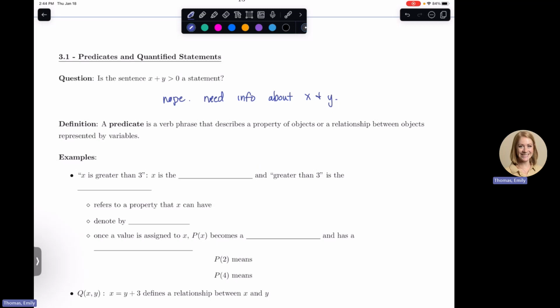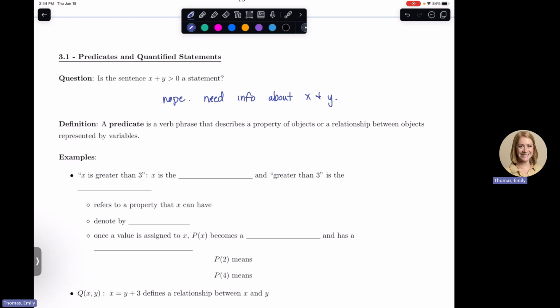So what we're building right now is a way to define what x and y are so that this thing could be true or false. A predicate is a verb phrase that describes a property of objects or a relationship between objects represented by variables. We also looked at this with the example that if x is greater than y, then x squared is greater than y squared, and then it used a specific example, root 2, after making a generic statement. That's what this is talking about.